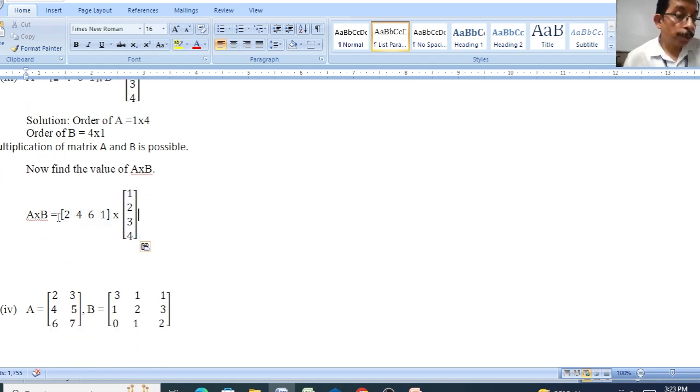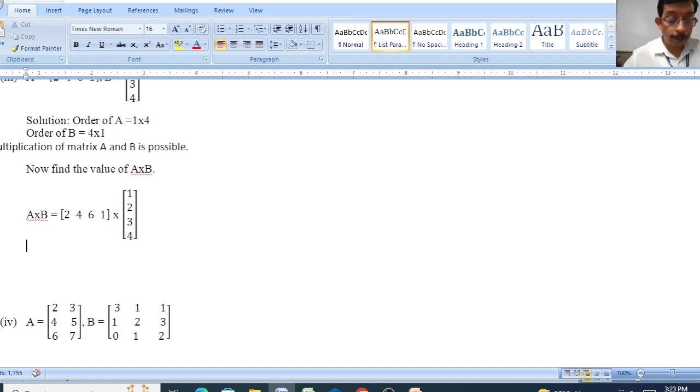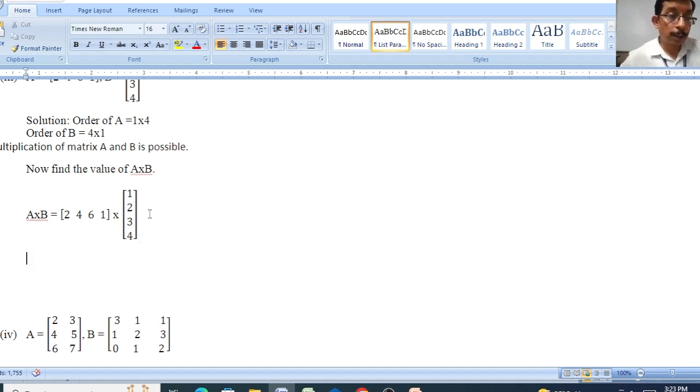The number of elements in the row is 4, and the number of elements in the column is also 4. So multiply them in the next step. Row is multiplied by the column.